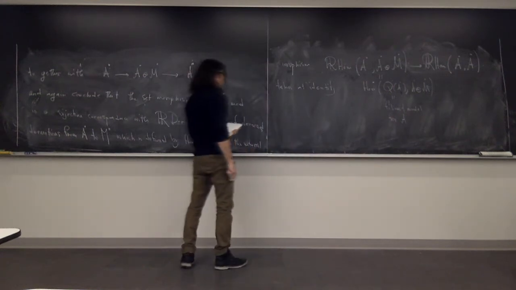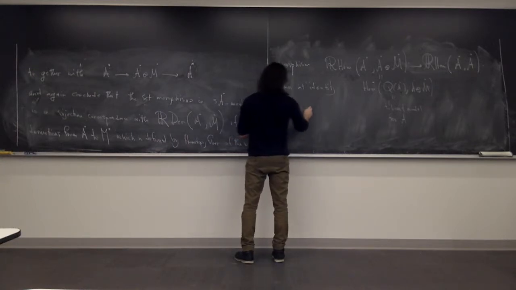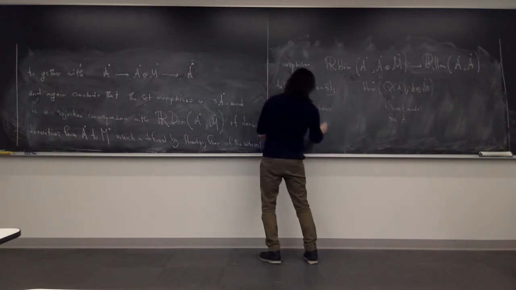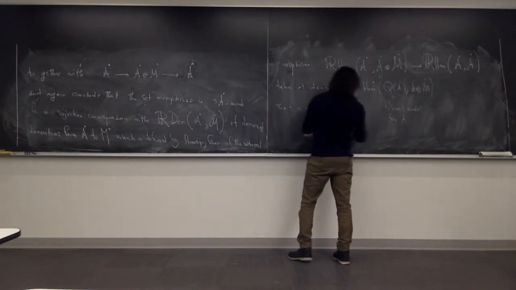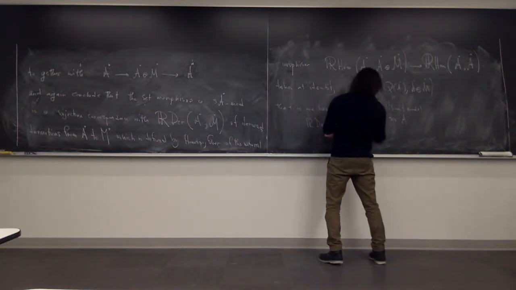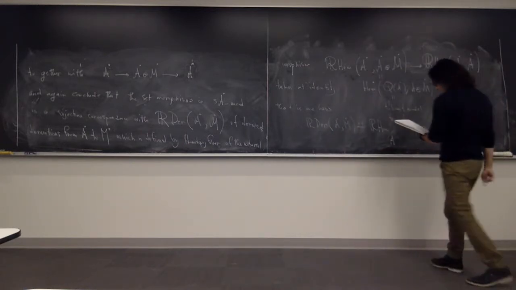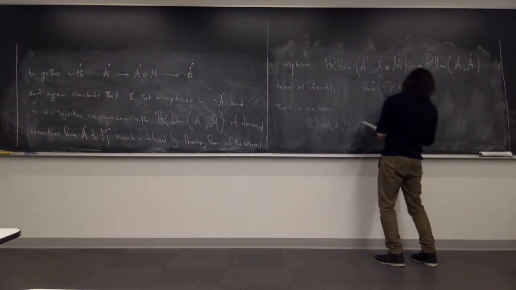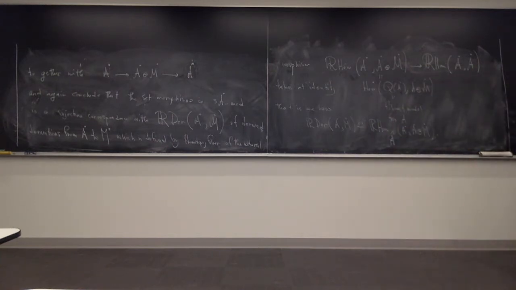Okay. So, taken identity, and that is, we have R derivations from A dot to M dot is equivalent to R hum, this is my notation, R hum over A from A dot to A dot plus M dot.